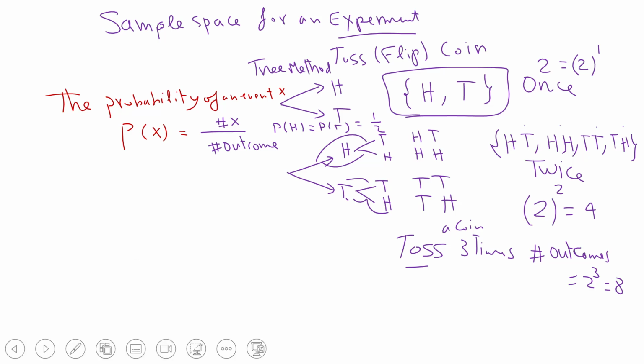Here, if I'm asking you the probability of 2 heads, and you make the toss twice, 2 heads is only this one.